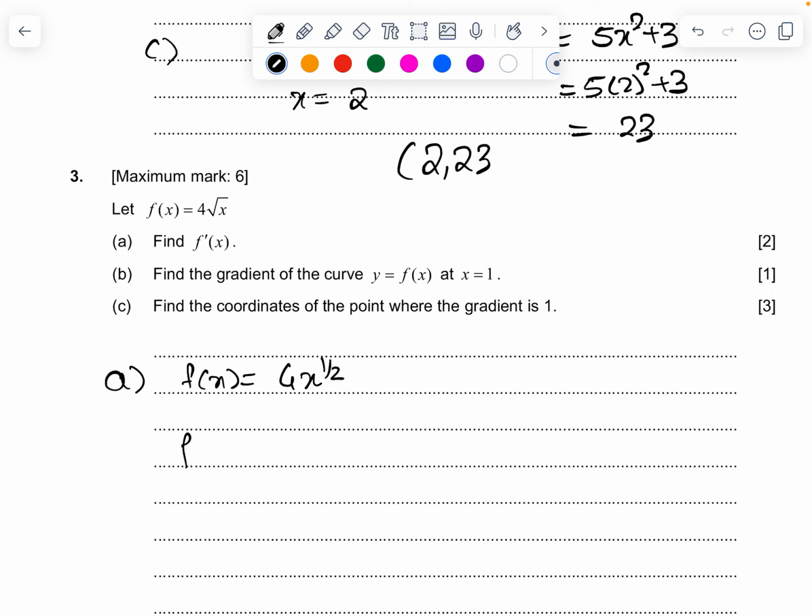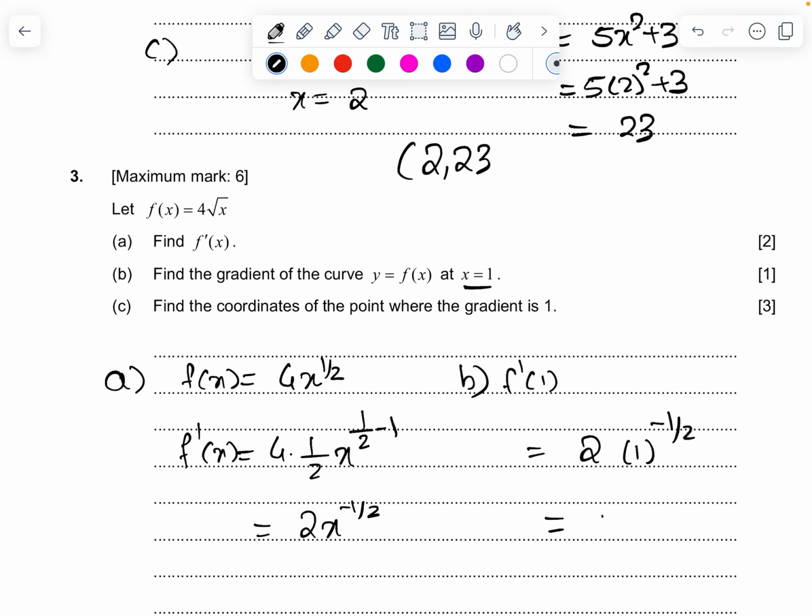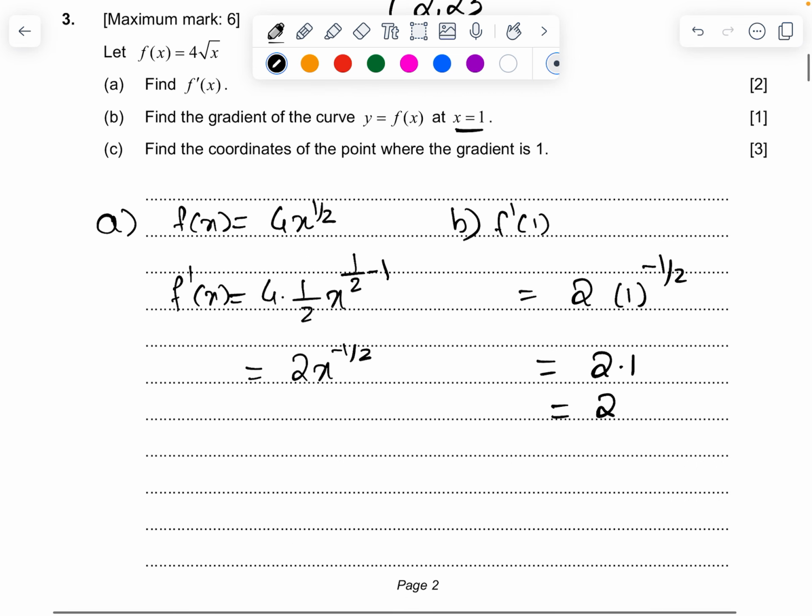So what will be f prime x? 4 times 1 by 2 x power 1 by 2 minus 1, which is 2x to the power of negative 1 by 2. Part B, gradient at x equals 1. So f prime of 1 becomes 2 times 1 to the power of negative 1 by 2. 1 to the power of anything is 1. So 2 times 1, 2 is the answer.